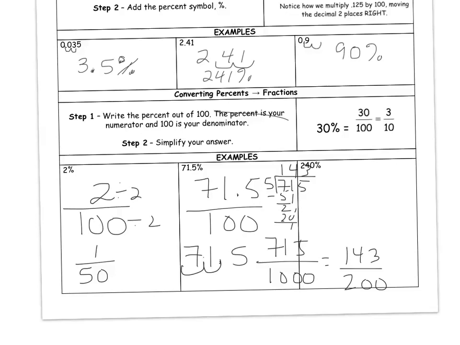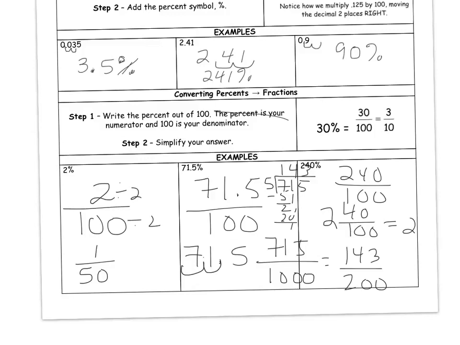And then 240%, well, 240% is going to be greater than 100. So since the numerator is going to be bigger than your denominator, it's really going to be 2 wholes 140 over 100. And then I simplify that.